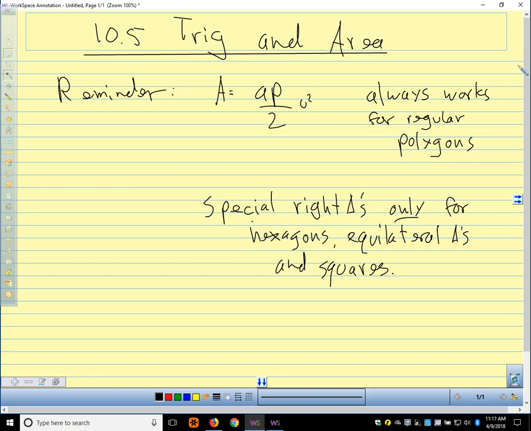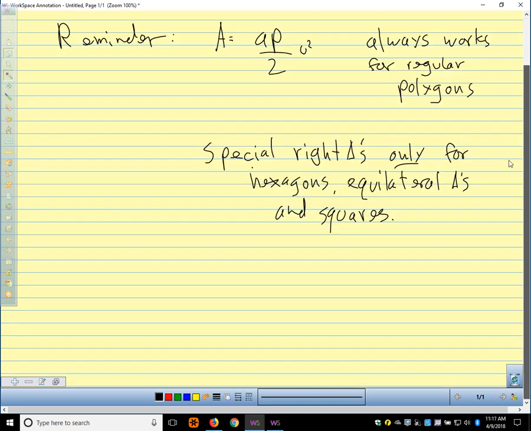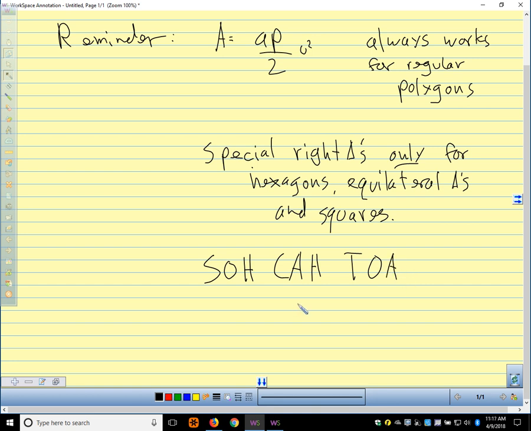If we have a regular polygon that is not a regular hexagon, an equilateral triangle, or a square, Sohcahtoa always works for right triangles.